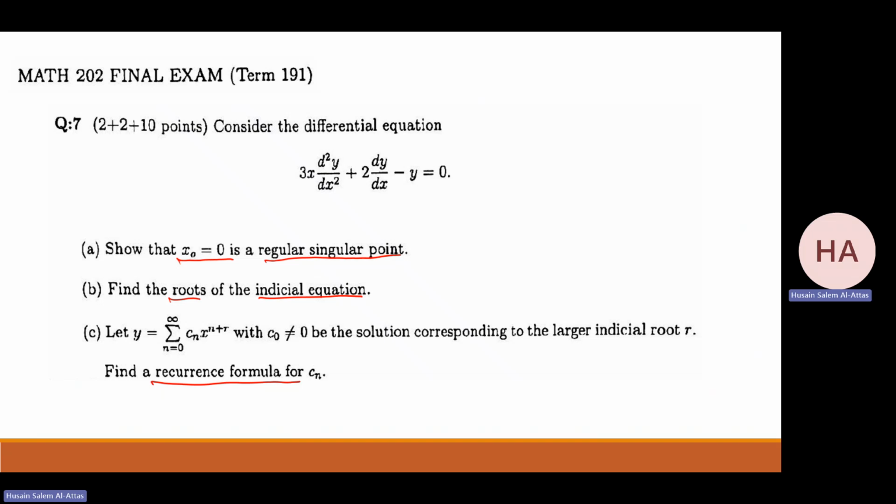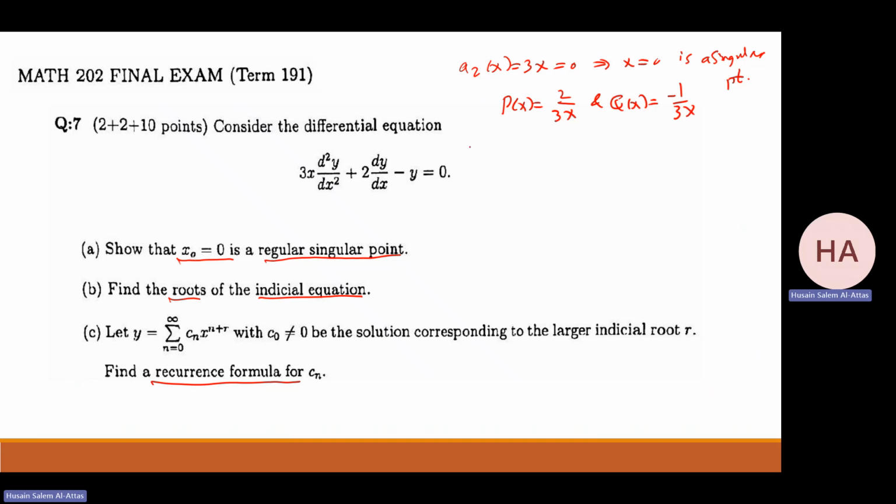Okay, so to prove that x0 is a regular singular point, I'll find a2 of x. That will be 3x, equals 0 at x equals 0. So it is a singular point. Now we just proved it's a singular point. How to prove it's regular? I have p of x, 2 over 3x, and capital Q of x, minus 1 over 3x.